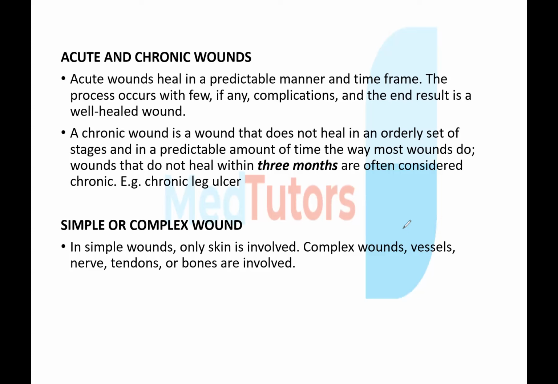If there is impairment of any of these stages or processes, or when there's a prolongation of one of the stages of wound healing, it becomes a chronic wound. Wounds can also be classified as simple or complex wound. In simple wounds, only the skin is involved, while in complex wounds, vessels, nerves, tendons, and bones are involved.